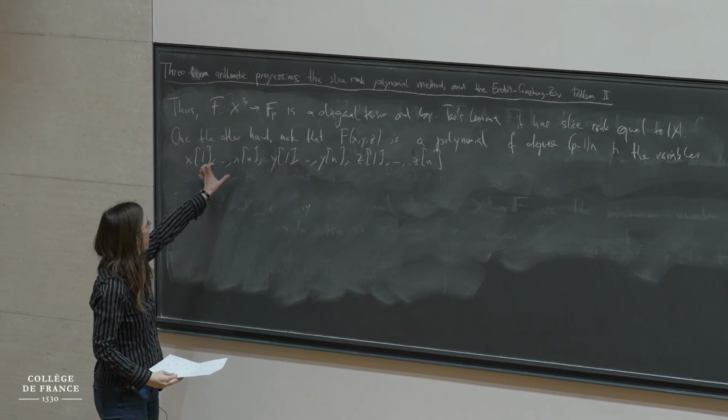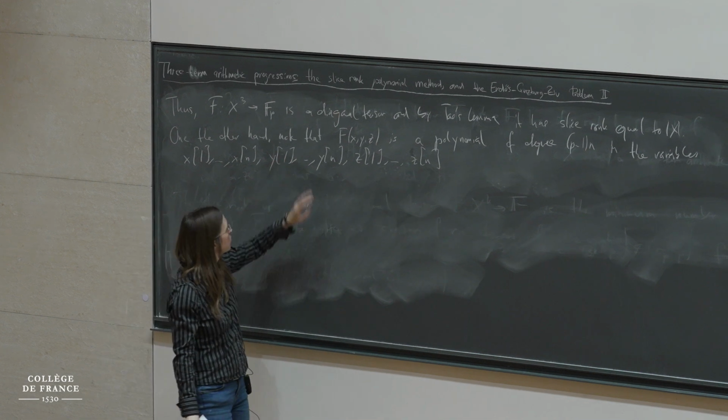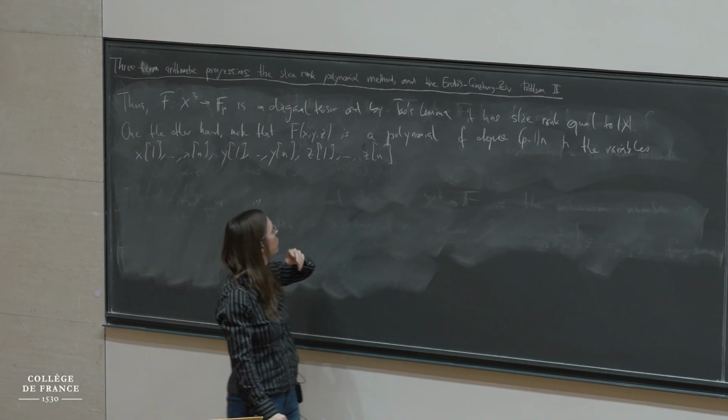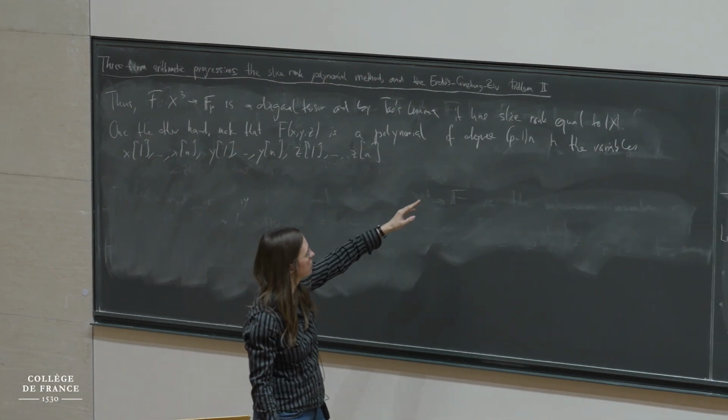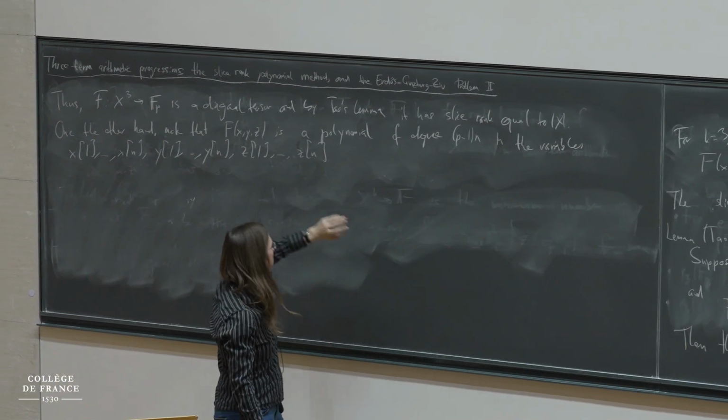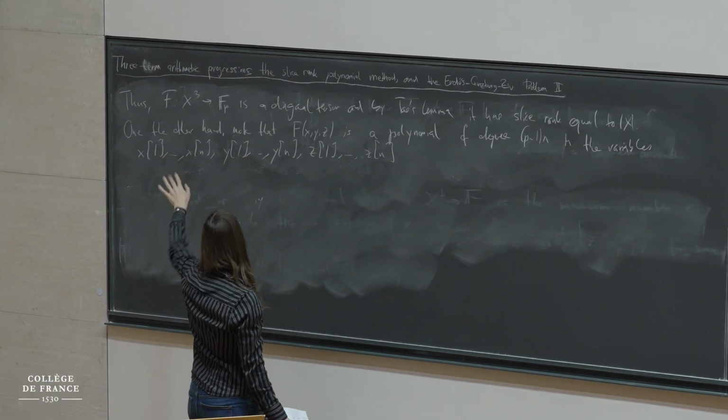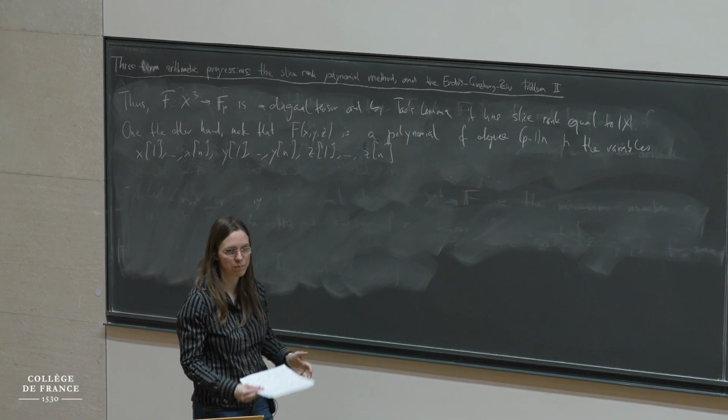We have first this group of n variables belonging to x, then the second group of n variables belonging to y, and then this third group of variables belonging to z. And in total, the degree of the polynomial is (p minus 1) times n. But if we look at any individual one of those 3n variables, the degree is at most p minus 1.